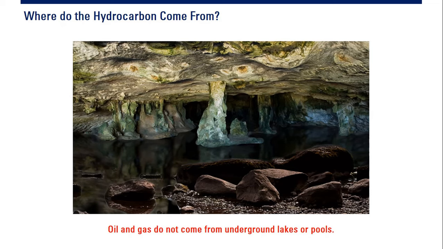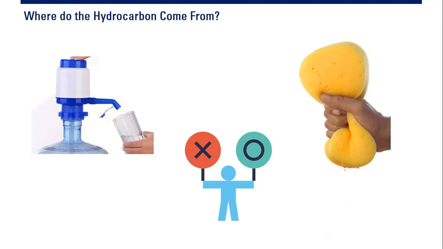But we as petroleum engineering students or professionals know that it's not like this water tank or gallon, but the reservoir is actually like a sponge. As you can see, the sponge here is not hollow, but it has pores. Dia punya pori-pori.